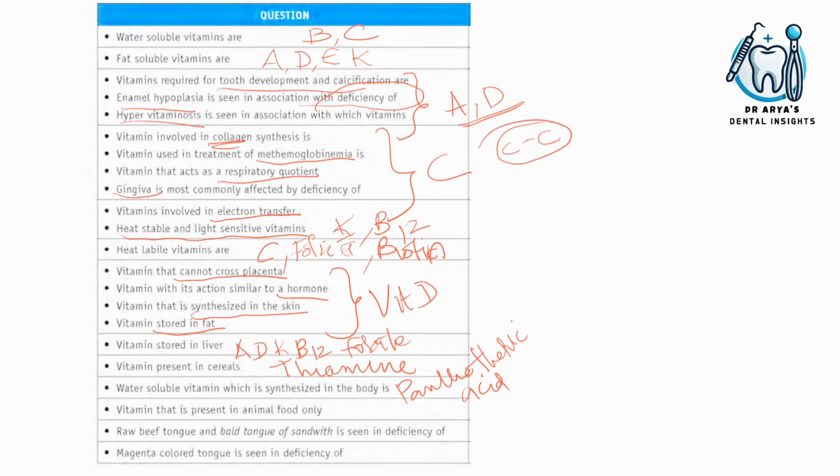Okay. Vitamin that is present in animal food only, B12 and D vitamins. And raw beef tongue and bald tongue of Sandwith is seen in the deficiency of niacin. Magenta colored tongue is seen in the deficiency of riboflavin. So these are the various vitamins. Okay.